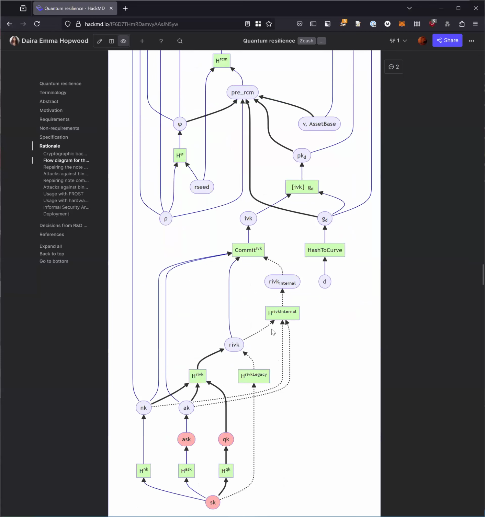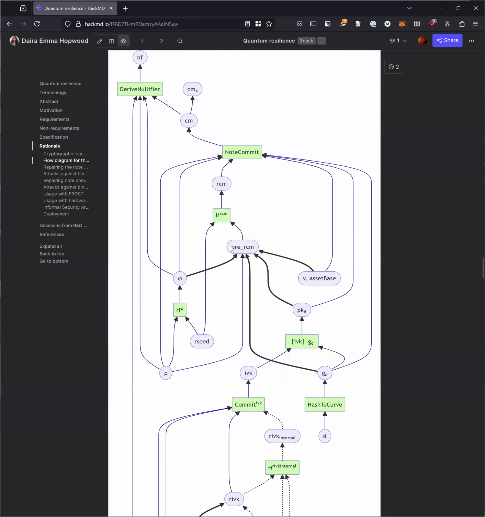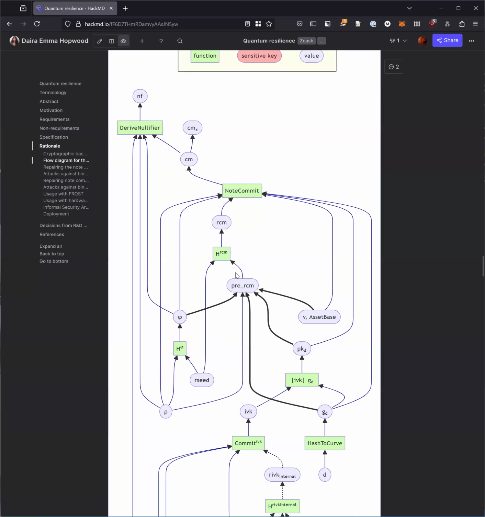Everything that I've described here is just a wallet level change. This is not part of the consensus protocol, except this pre-RCM value does interact with shielded Coinbase specifically, because shielded Coinbase verifies the RCM derivation. And so if some notes have a different RCM derivation, then that would affect consensus.